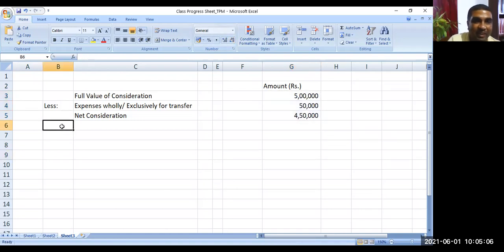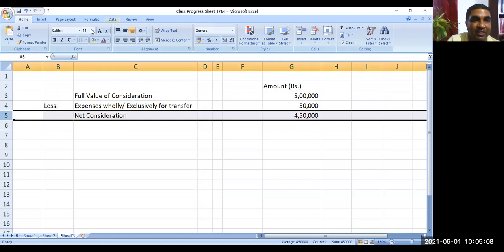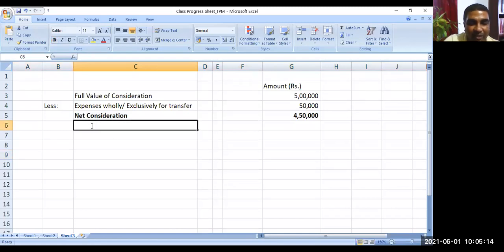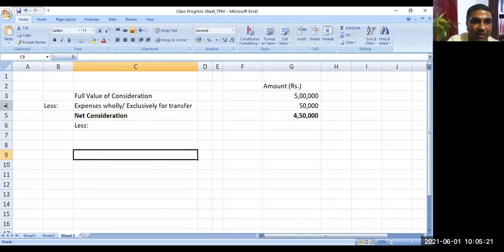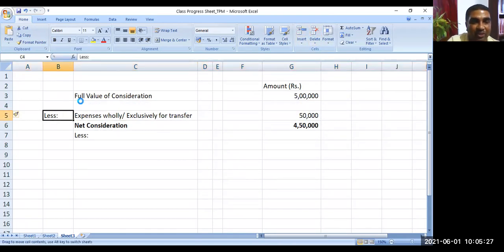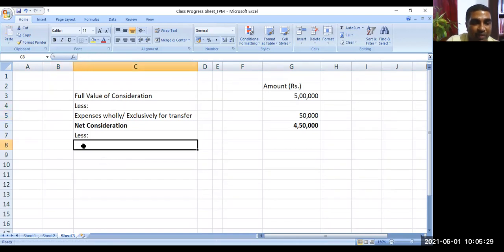From the net consideration, there are two deductions. Can you tell me what they are? From net consideration, what has to be deducted? One is our cost of acquisition.